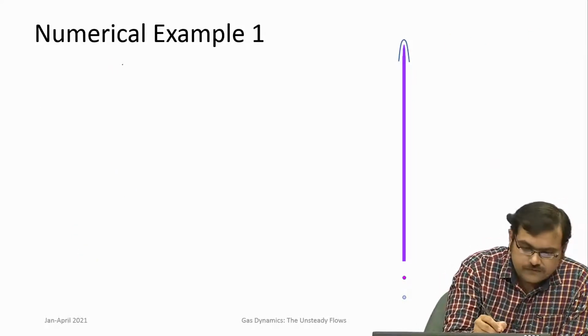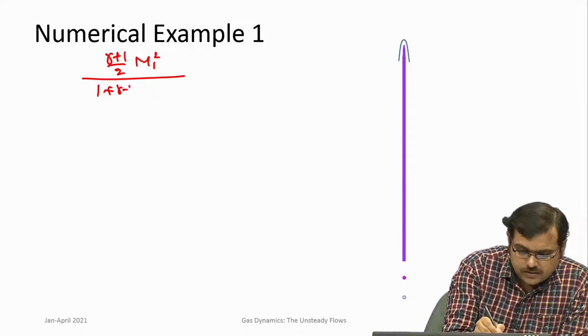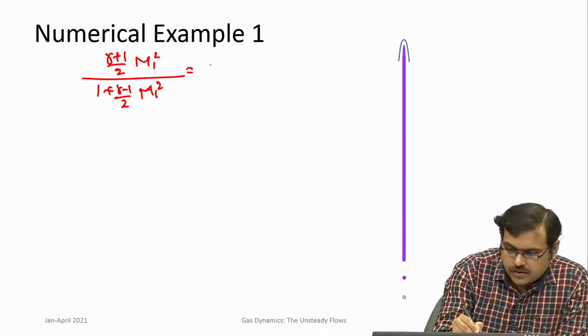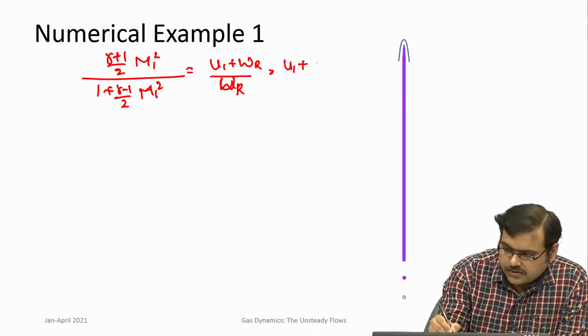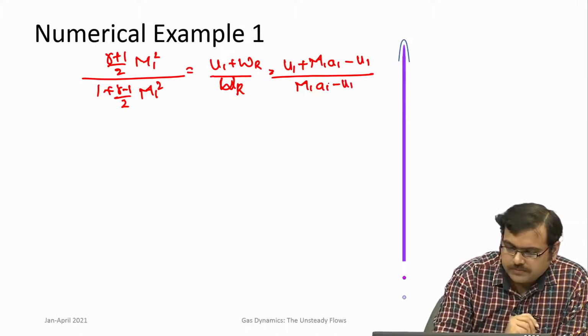So you have gamma plus 1 by 2 M1 square divided by 1 plus gamma minus 1 by 2 M1 square, equal to u1 plus Wr by Wr, which is u1 plus M1 a1 minus u1 divided by M1 a1 minus u1.